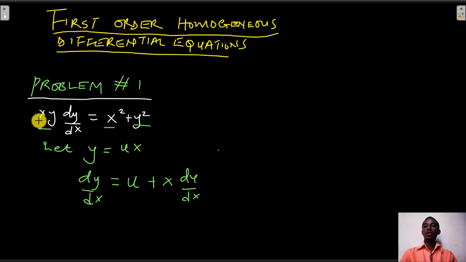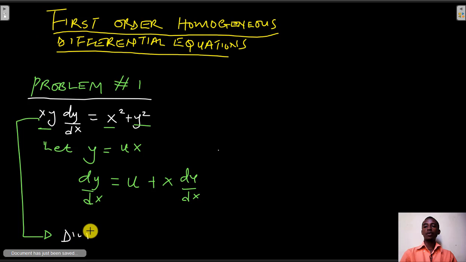Then also, I'll have to rewrite this equation in a better way. So I'm going to divide the whole equation by x squared. I guess that's going to be a little useful.